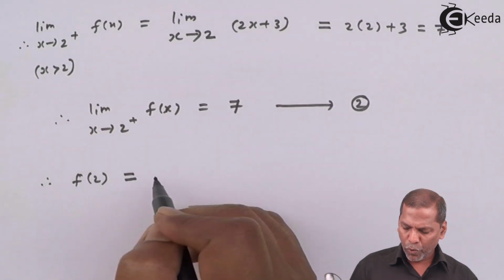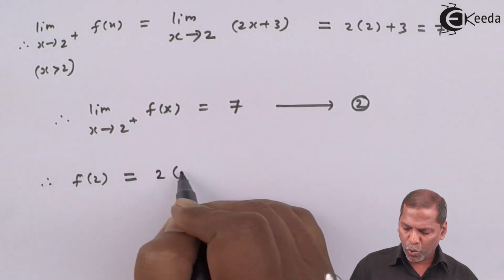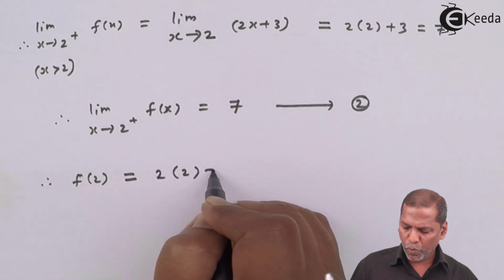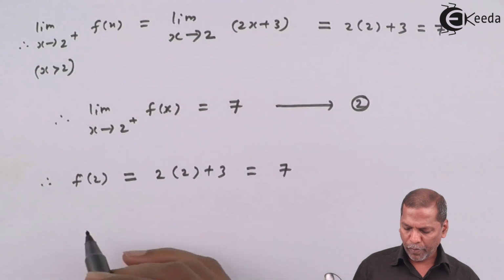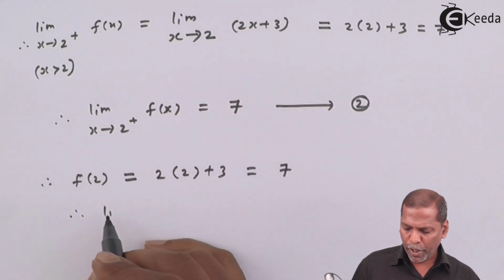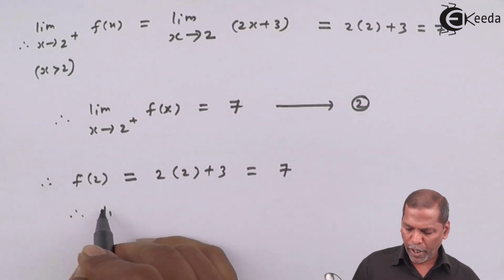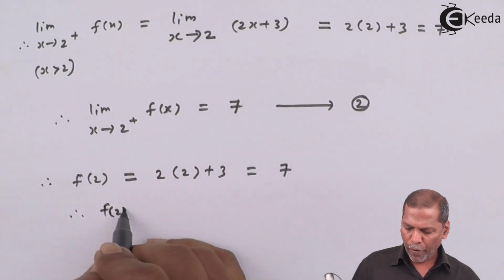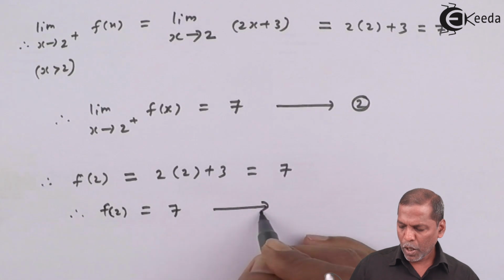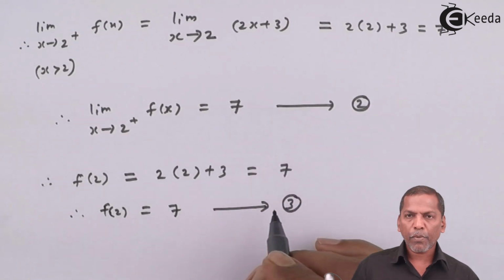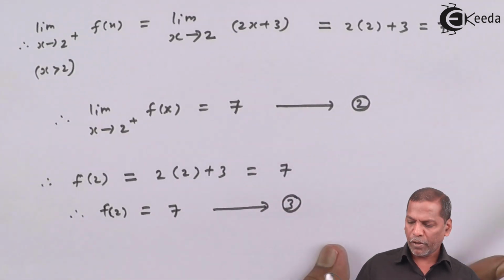So f of 2 is equal to 2 into 2 plus 3. So that gives 7. So in this way, we get f of 2 is equal to 7. Let us denote this as equation 3.